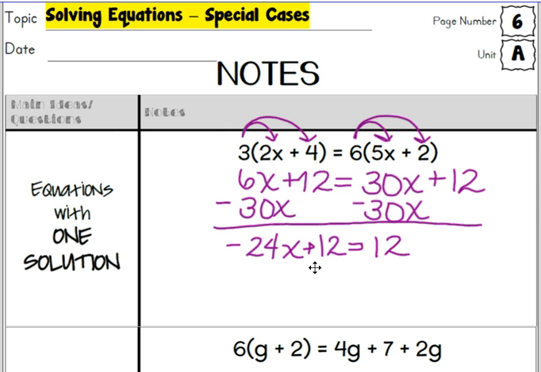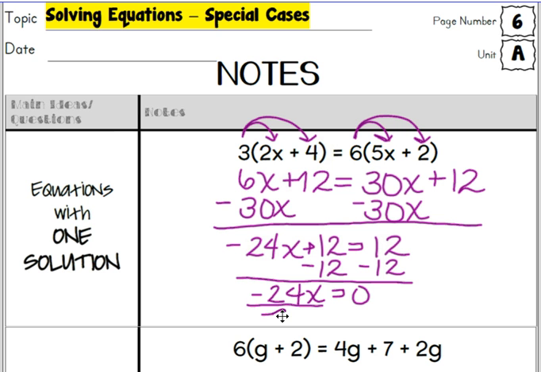So then I would need to move this positive 12 to the other side, so I'm going to subtract 12. And I would have negative 24x is equal to 12 minus 12, which would give me 0. So then to get x by itself, I would need to divide by negative 24 on both sides.